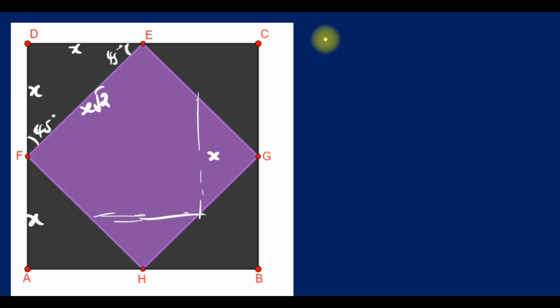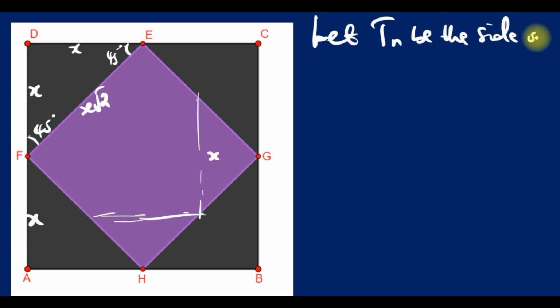So let's assume term n is the side of the circumscribing square. That's the longest side here.